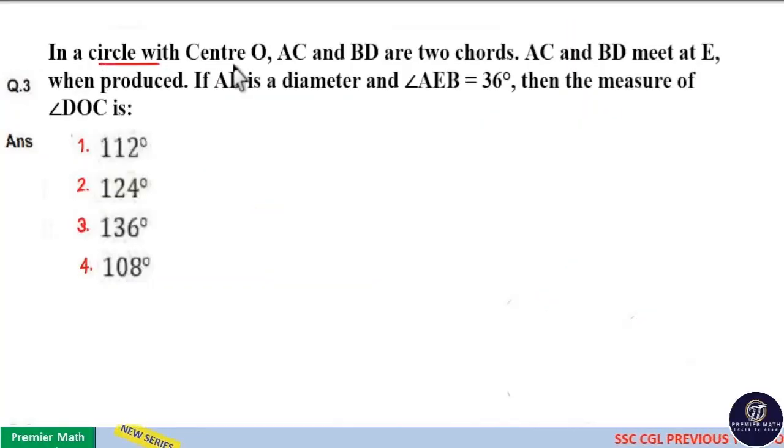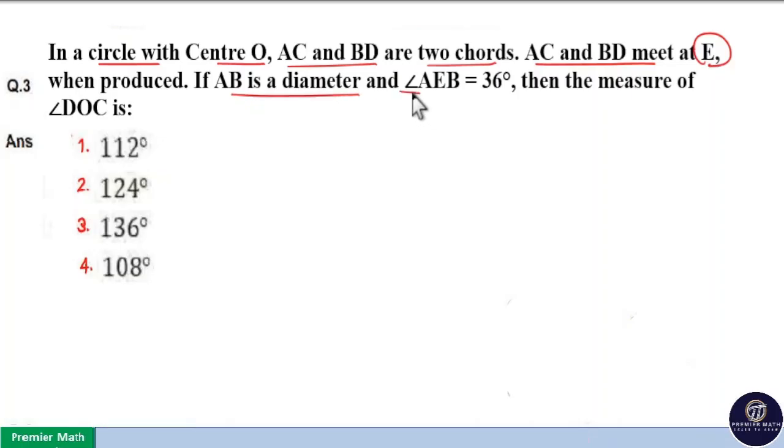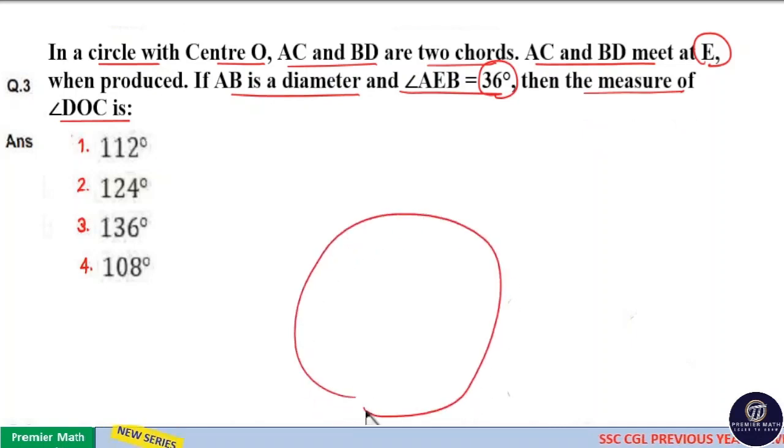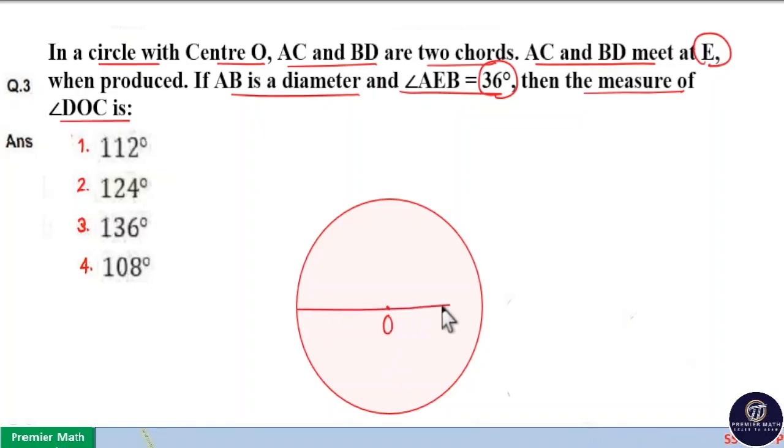In a circle with center O, AC and BD are two chords. AC and BD meet at point E when produced. If AB is the diameter and angle AEB is 36 degree, then the measure of angle DOC is. Consider this as the circle with center O and diameter AB.